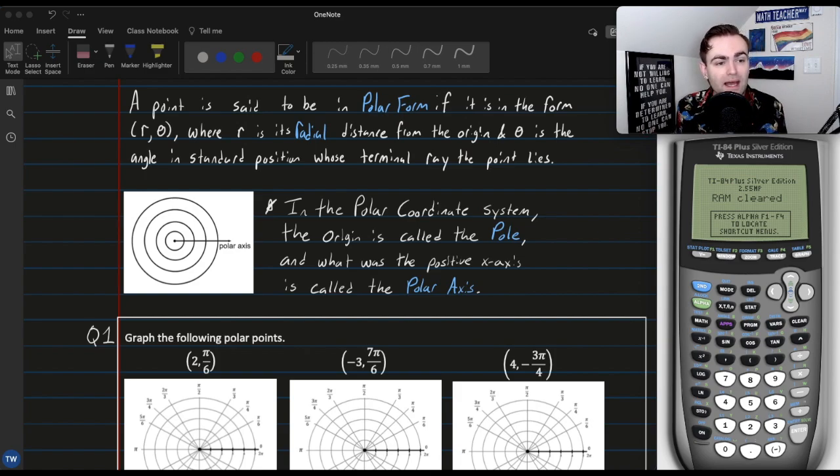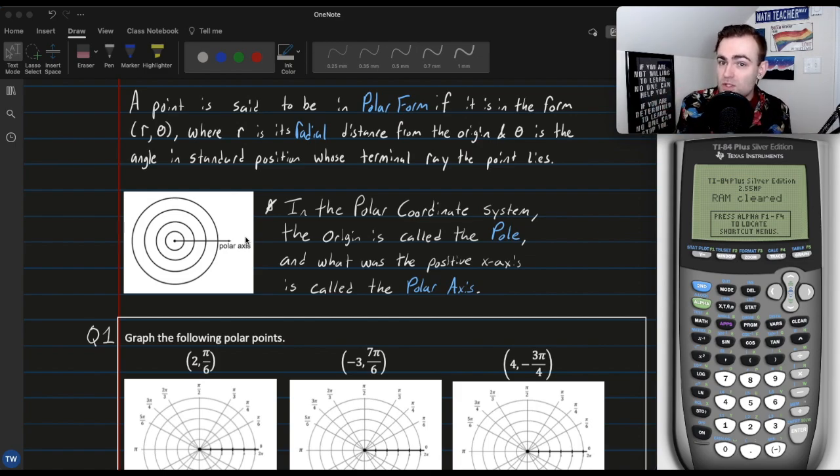So if we look at a polar plane here, we have the pole, which is the old origin, right? And the only axis we have is called the polar axis, and it is only the positive x-axis. So instead of being a line, it is a ray that starts at the pole and then goes forever to the right.